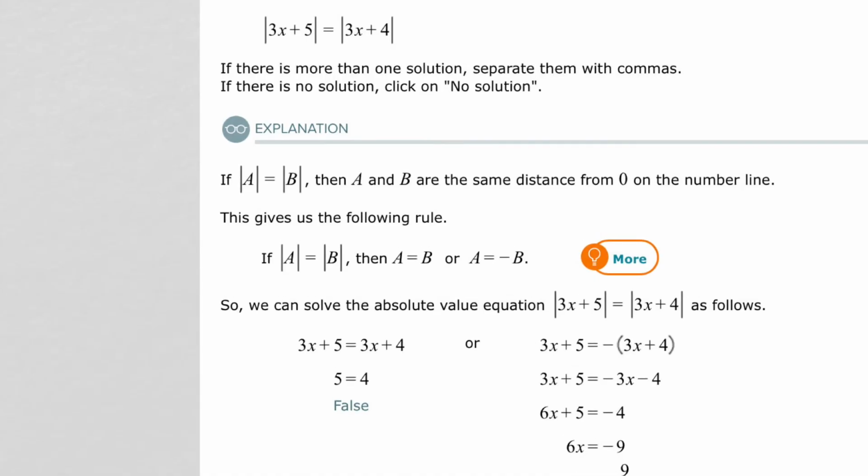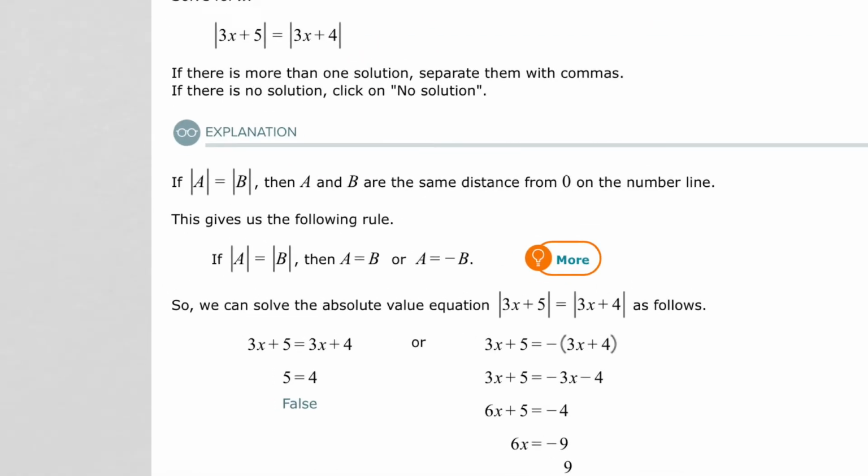Same thing here: the absolute value of 3x plus 5 equals the absolute value of 3x plus 4. Step 1, we drop the absolute value signs and write two equations. The first is A equals B, where this is A and this is B. The next is A equals negative B, so we drop the absolute value signs and distribute the negative in by putting parentheses here.